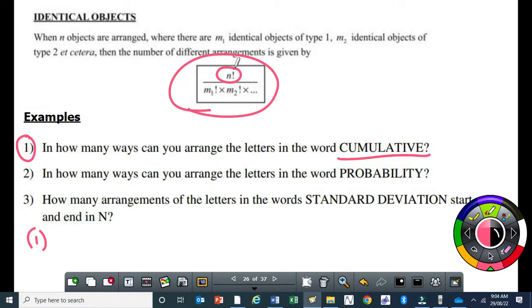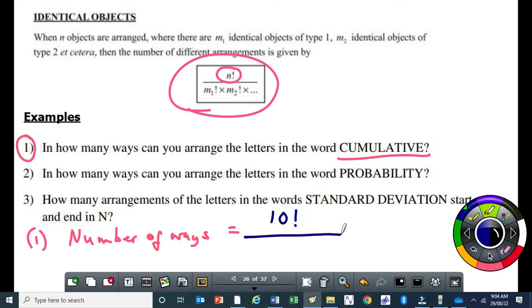In how many ways can you arrange that? Let's call it the number of ways. This will be equal to, now the word cumulative has how many letters? It has 10. So this will be 10 factorial divided by, now which letters are identical?